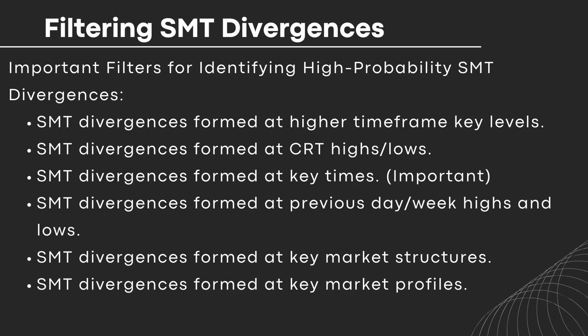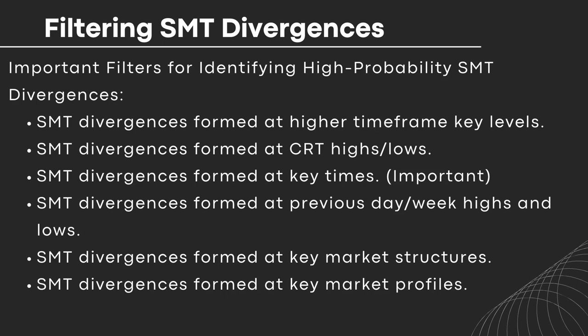there. It confirms the manipulation profile, and what happens is that we see a discrepancy there between the two correlated assets, right? In their price action, and that confirms that now the underlying order flow is not able to continue, and we can potentially see a reversal in the opposite direction, right? And that confirms the SMT.